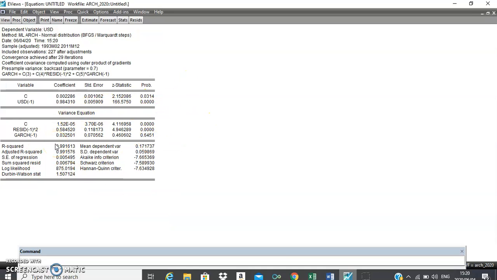So this is basically what you have to look at. Remember where we have alpha plus beta. This is your alpha, this is your beta. Therefore, this is your ARCH term, this is your GARCH term. If you add them, it will give you 0.61.